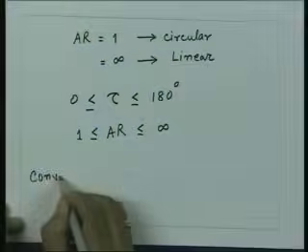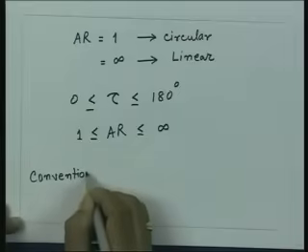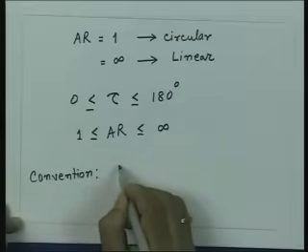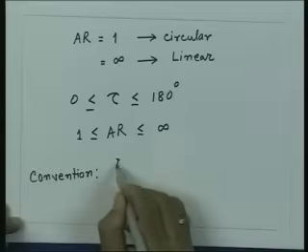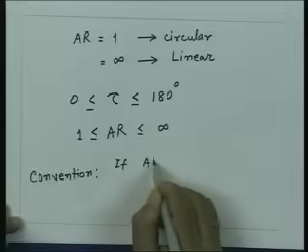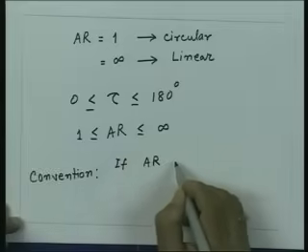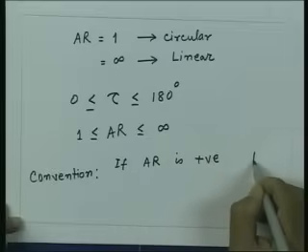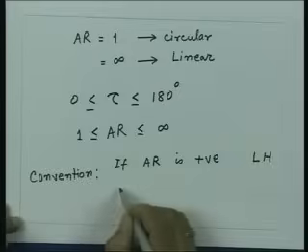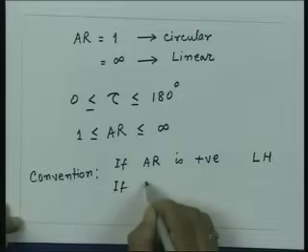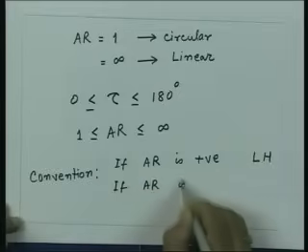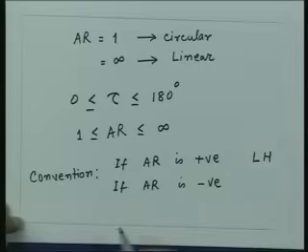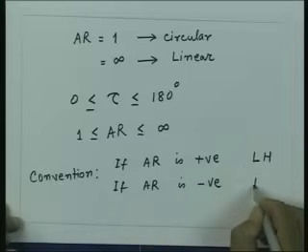So, I now define a convention here that if AR is positive, that gives you the left-handed. If AR is negative, then it gives me the right-handed.